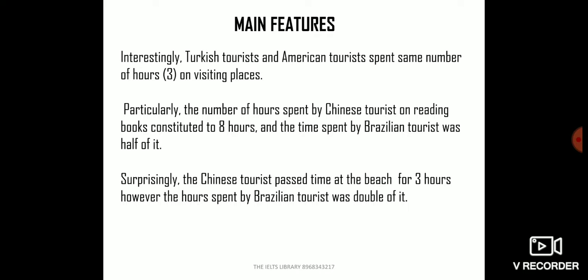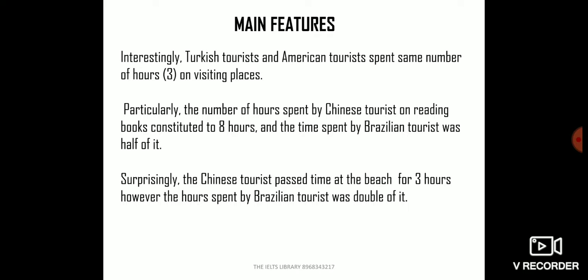Let us check the third statement, which is: Surprisingly, the Chinese tourist passed time at the beach for 3 hours. However, the hours spent by Brazilian tourist was double of it. So again, I have used different statements to justify what I am writing, what I want to present.